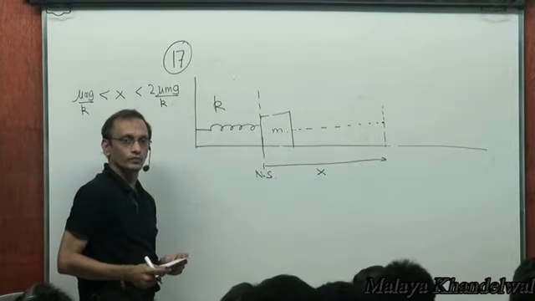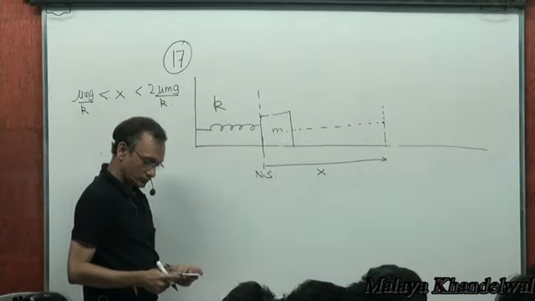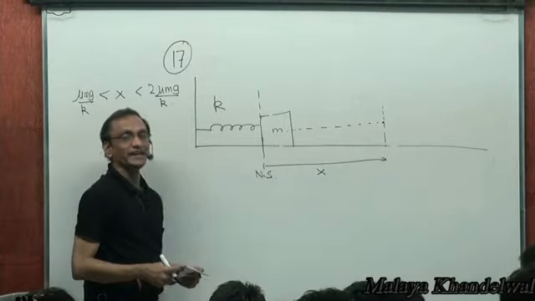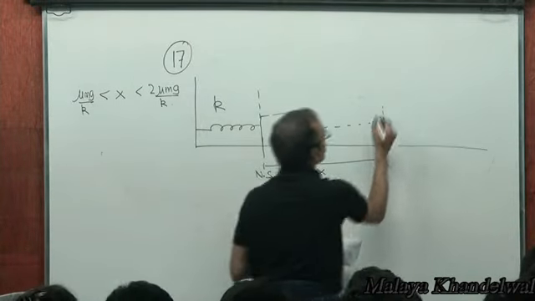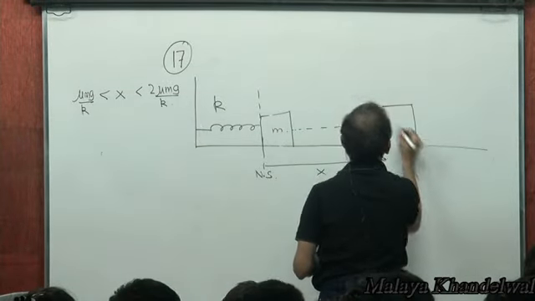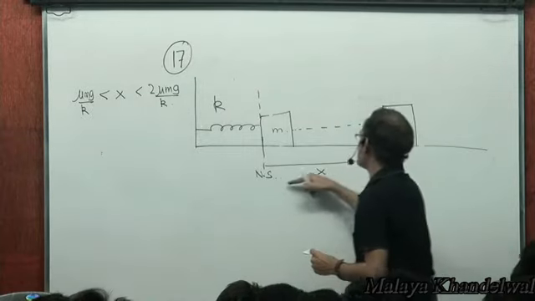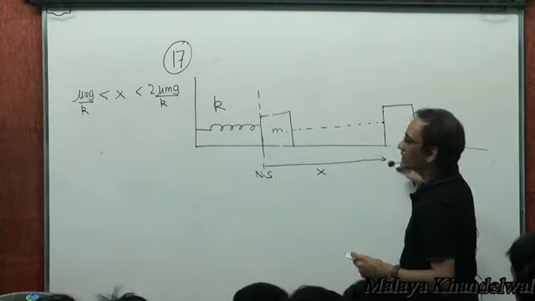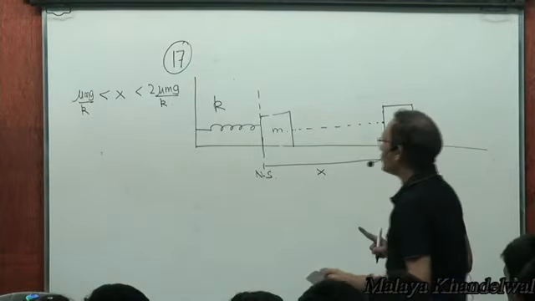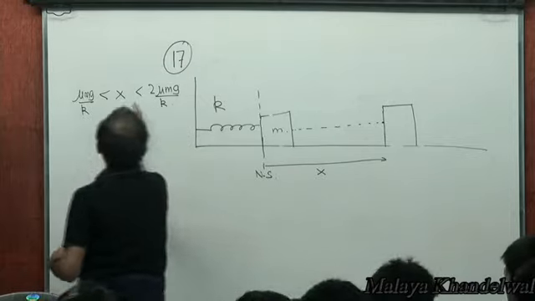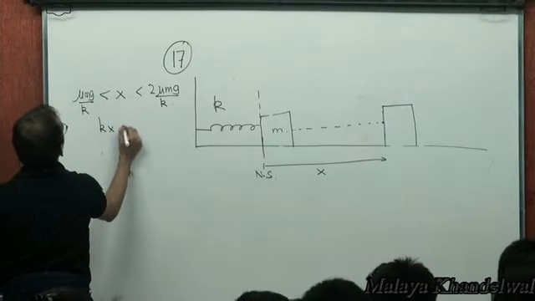Right? And it's released from this point. The elongation given is x larger than mu mg by k and less than 2 mu mg by k. Now, do you realize that kx here, the spring force, is greater than mu mg?